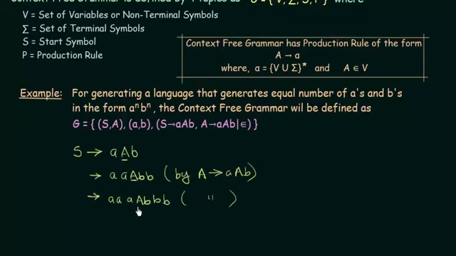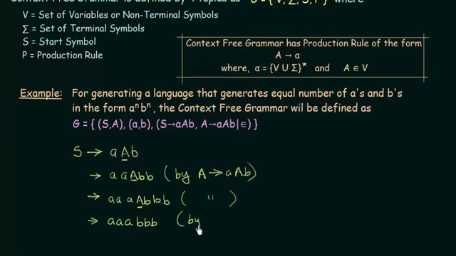Okay, now I still have A, which is a non-terminal symbol here, and now what I will do is replace this A with epsilon, that is the empty symbol, because we see that the production rule says A gives aAb, and also it can give epsilon or the empty symbol. So instead of A I will put epsilon. Epsilon actually means the empty symbol, so I can just leave it blank, and then these three b's remain.